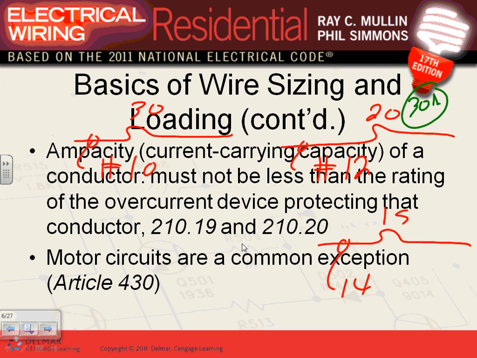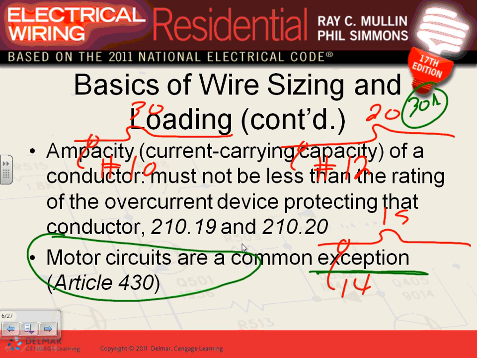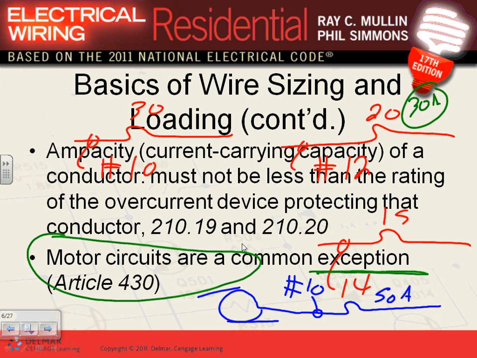There are exceptions though, which are coming. Exceptions are motors. A couple of motors and equipment are an exception, so please pay a lot of attention to exceptions later on. When you come with me, you're going to see that I have 50 amps connected to number 10 and tied to a motor. Look at that, 50 amp tied to number 10, but number 10, you said, is 30 amps.